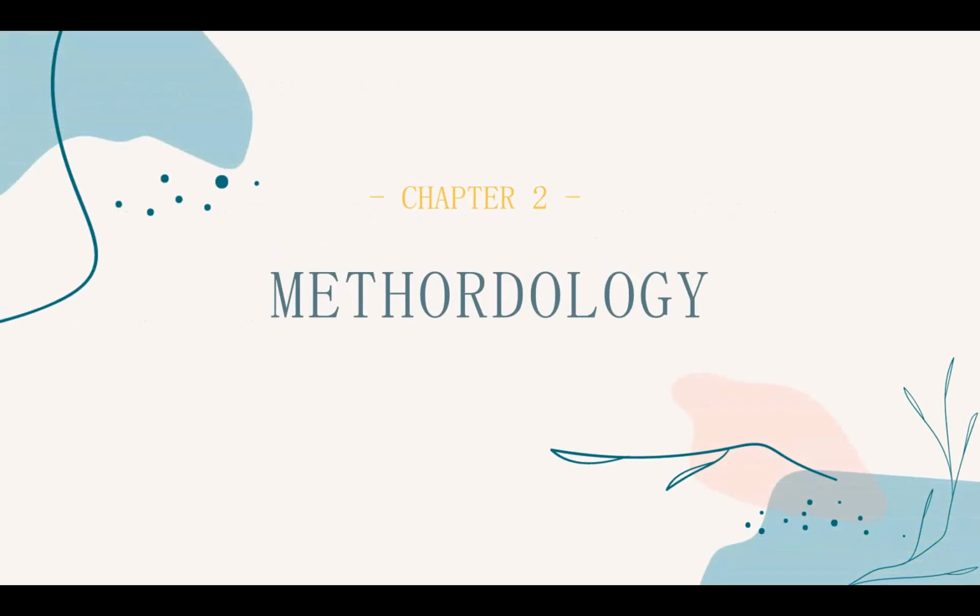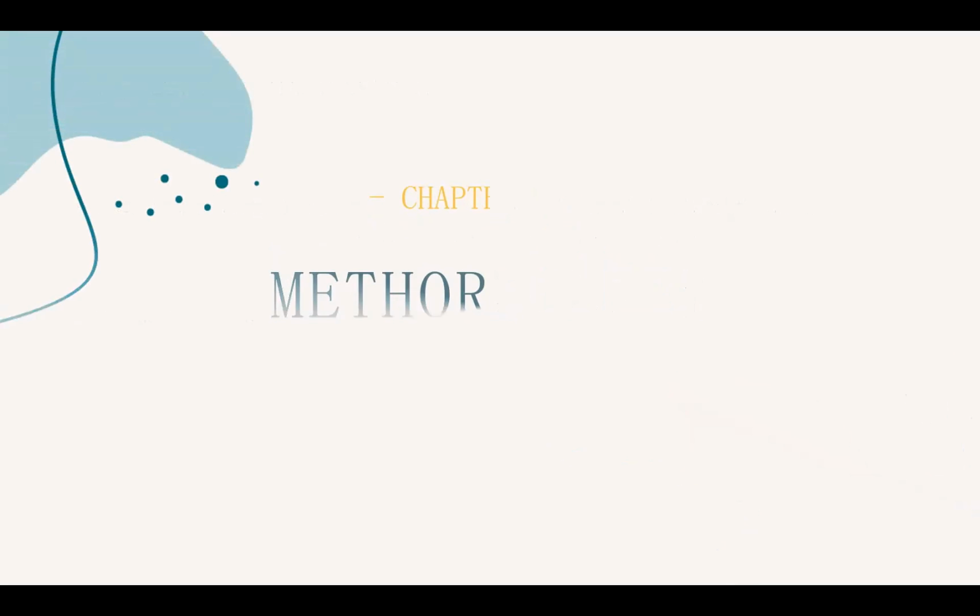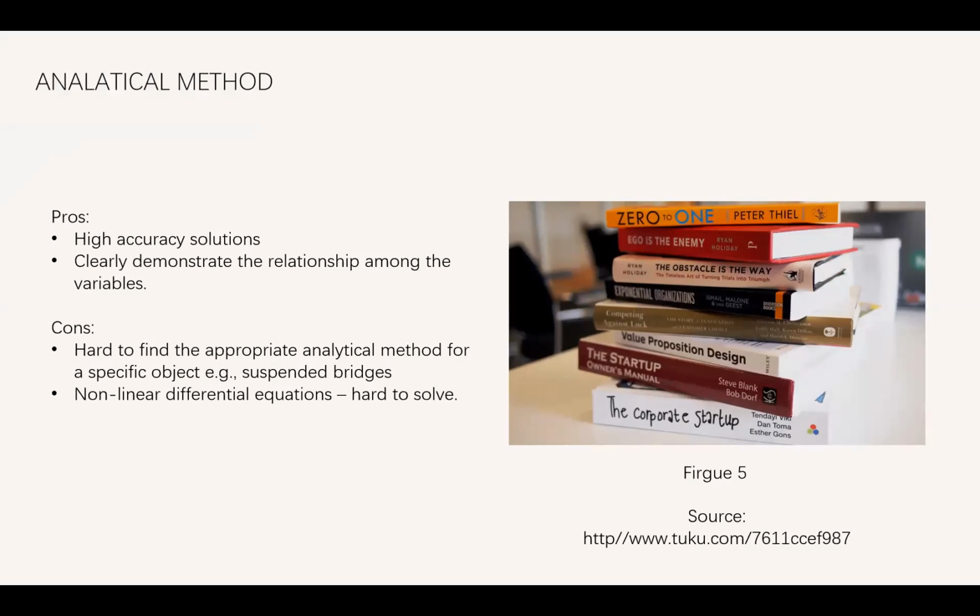So for our methodology, we use an analytical method and a numerical method. For the analytical method, which is like hand calculations, the advantage is that the accuracy of the solution is relatively high, and it clearly demonstrates the relationship among variables.